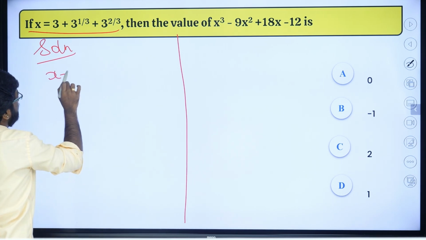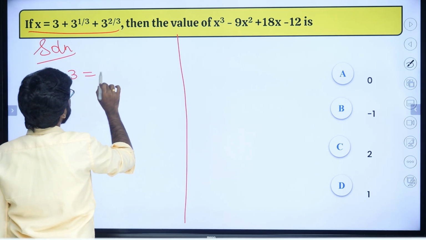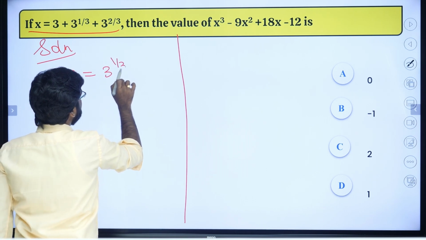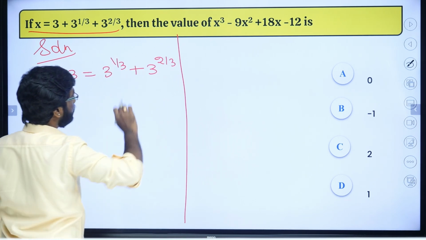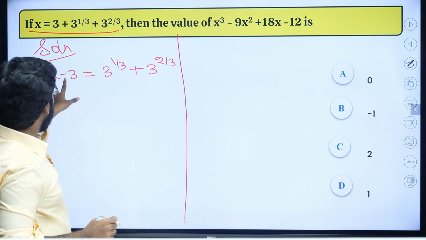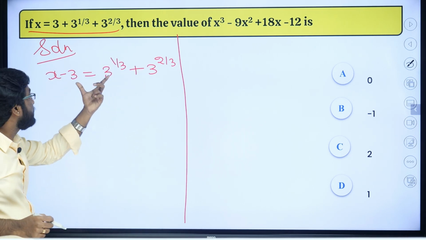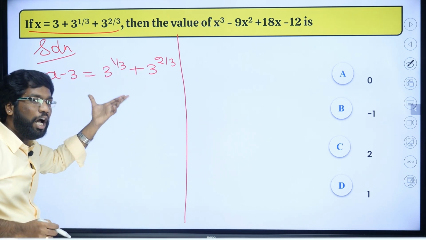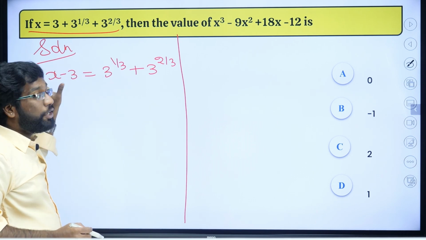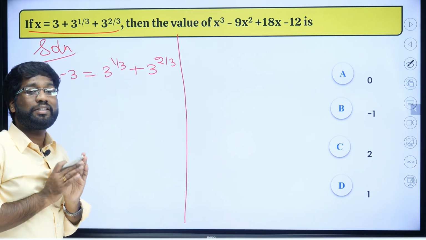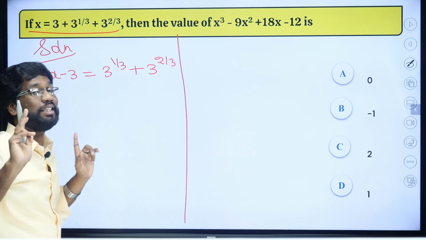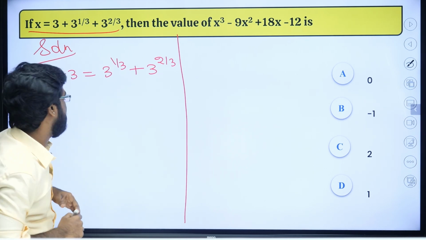So x minus 3 equals 3 power 1 by 3 plus 3 power 2 by 3. Okay, my dear students. Now I have got a simpler form. Now I am going to cube both sides, so that the value does not change. That's the very important thing, my dear students.